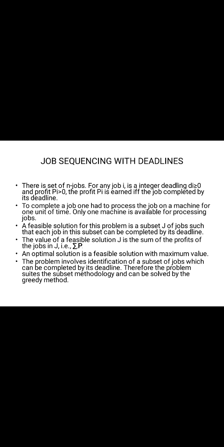The profit pi is earned if the job is completed by its deadline. To complete a job, one has to process the job on a machine for one unit of time. Only one machine is available for processing jobs.